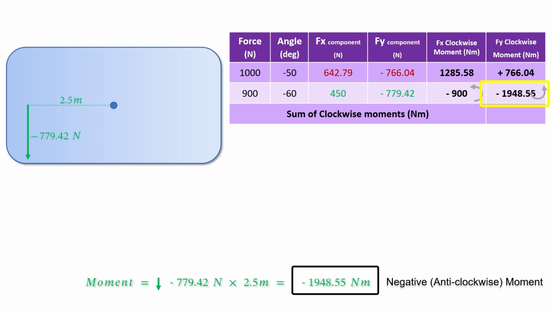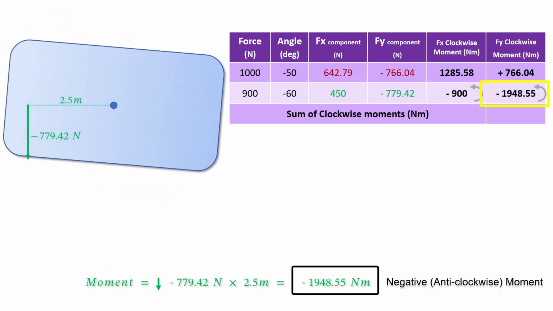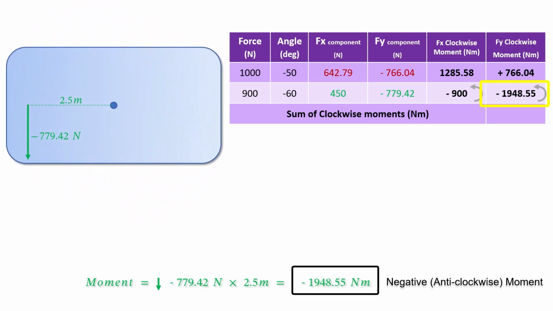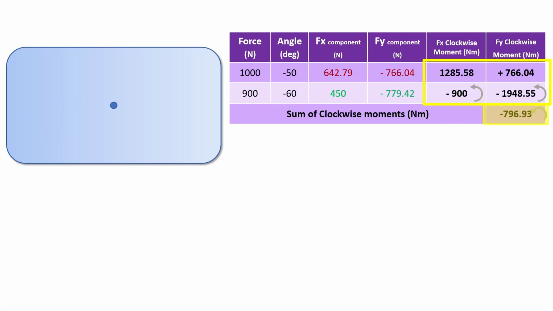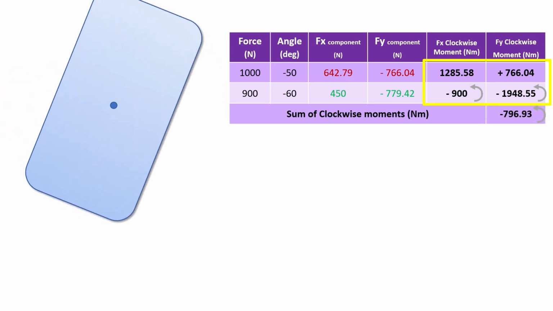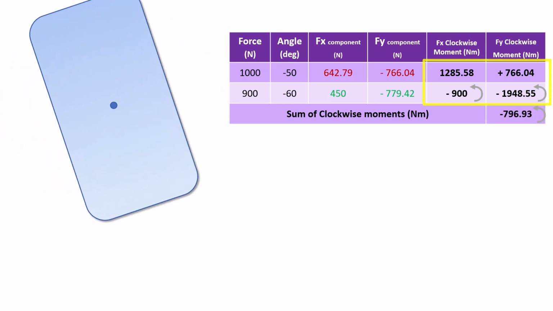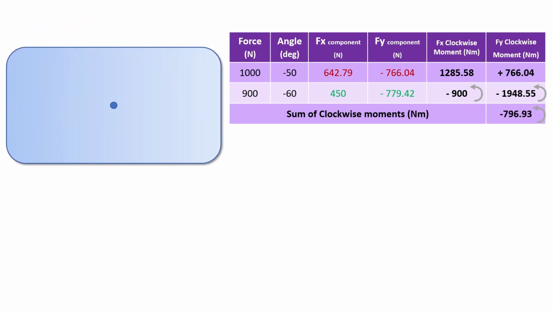And F2's vertical force component, it's negative. That just means it's downwards. And we can see that it would cause an anti-clockwise moment. Then we just add all of the positive and negative moments together, and we're left with an overall anti-clockwise moment.